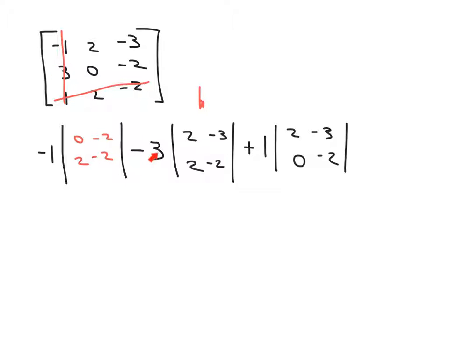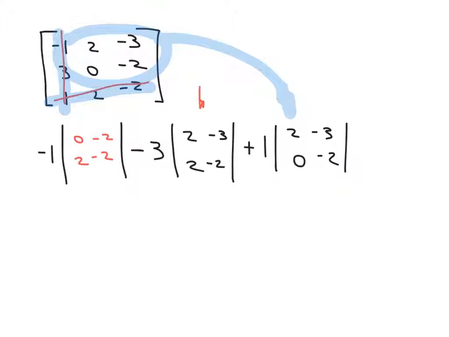My second number, I cross out its row and column, and that's why I have a 2, -3, 2, -2 here. Then I take my 1, and it's in the first column, third row, leaving me with that. Now I've got 3 different 2 by 2 determinants, or minors.